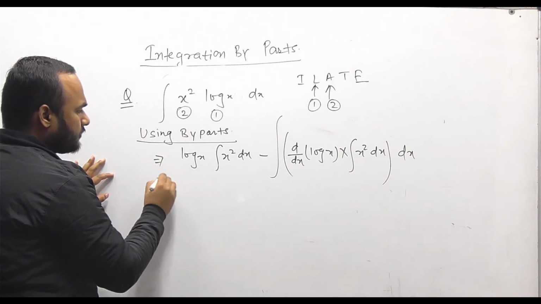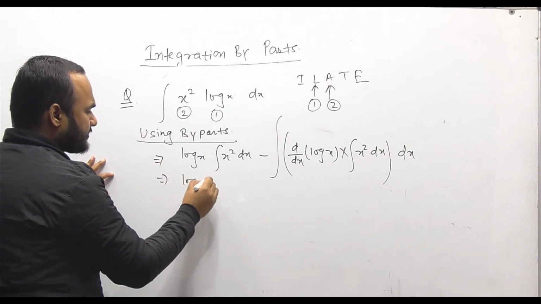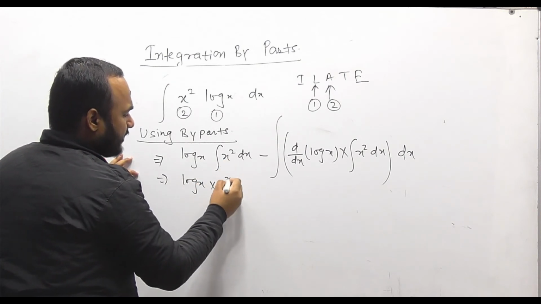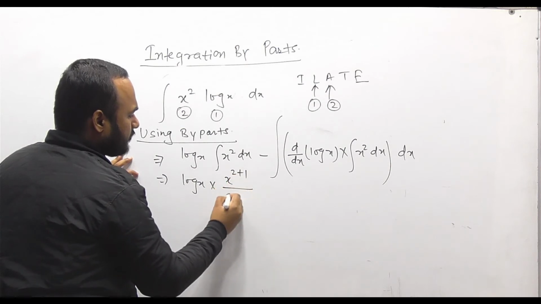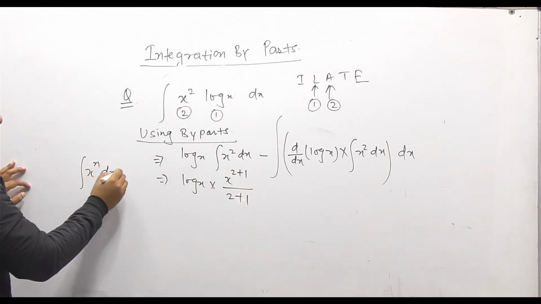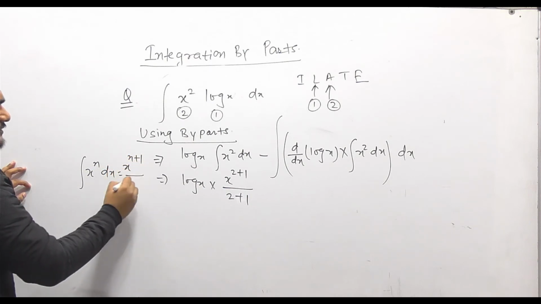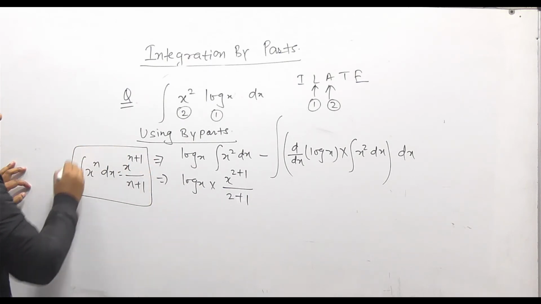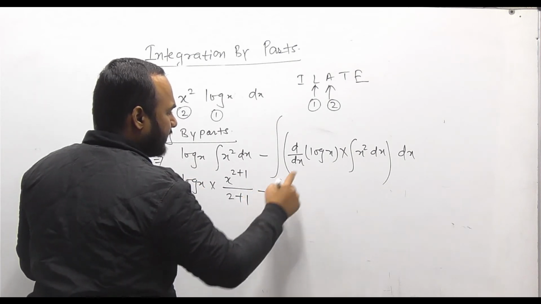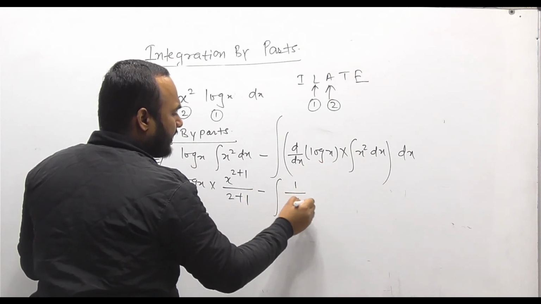Now log x is left as it is, and the integration of x square will be x to the power 2 plus 1 over 2 plus 1, using the formula that the integration of x to the power n dx is equal to x to the power n plus 1 over n plus 1. Then there is a minus sign. The derivative of log x is 1 by x.